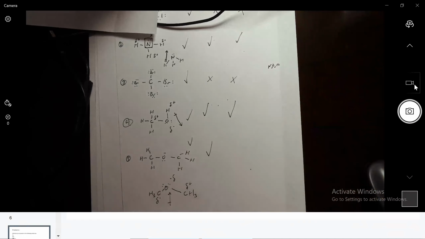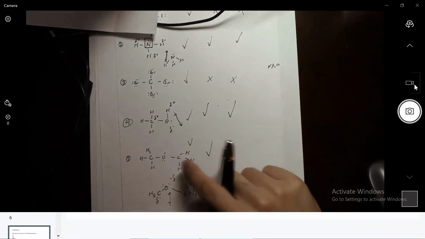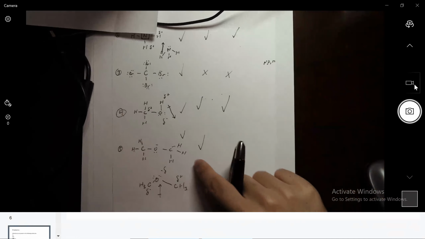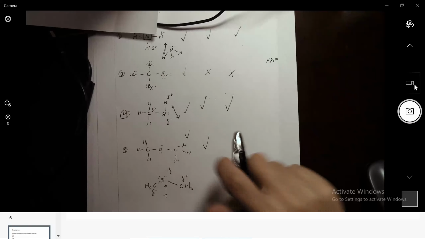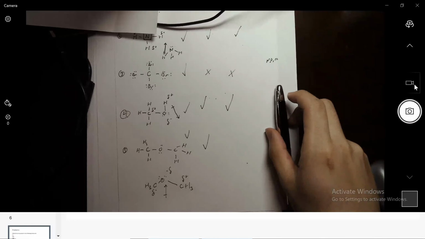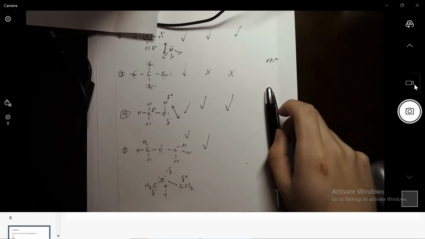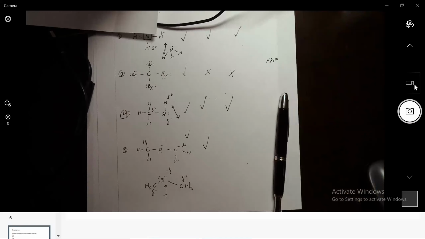Do we have hydrogen bonds though? Do we see hydrogen bonding in this molecule? No? Can you explain why? Okay, well, there are no lone pairs on carbon, right?